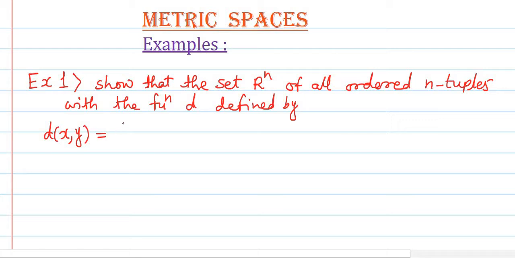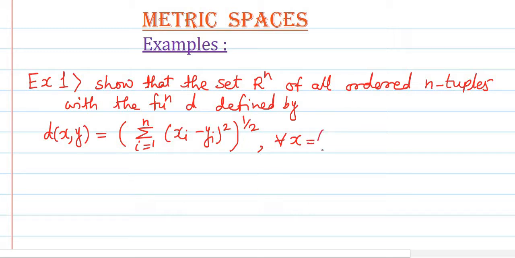Okay, D of x comma y is equal to summation over i equal to 1 to n of (xi minus yi) bracket square and whole bracket raised to 1 by 2. 1 by 2 power means under root, and this is for every x which is equal to the n tuple, means it is the ordered set of having n members.